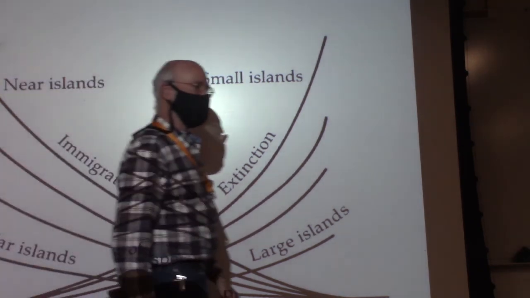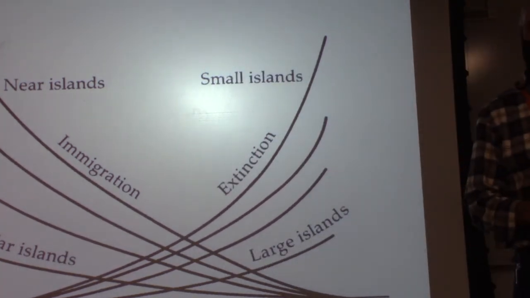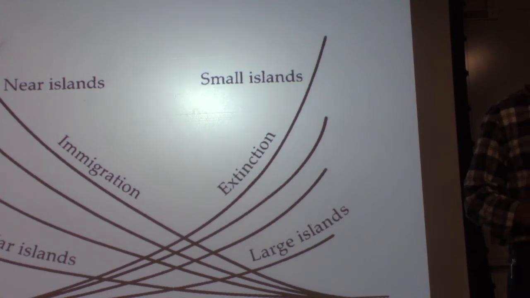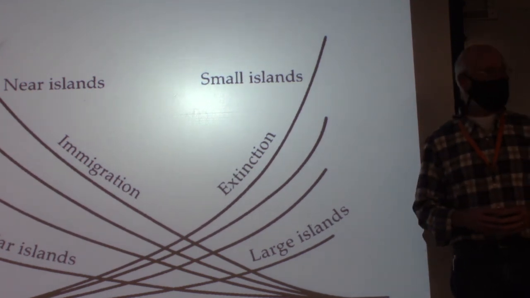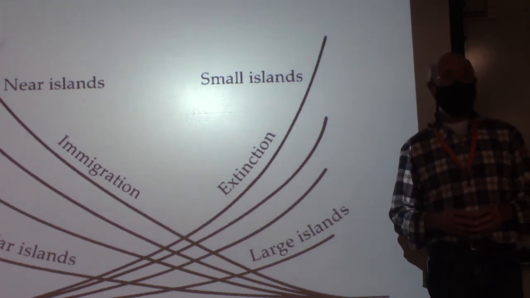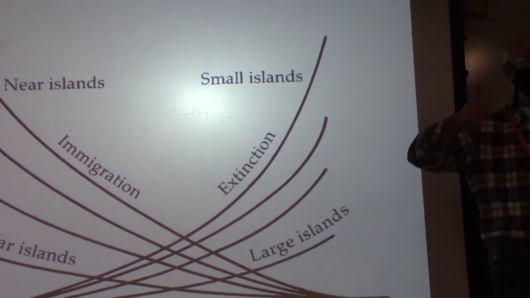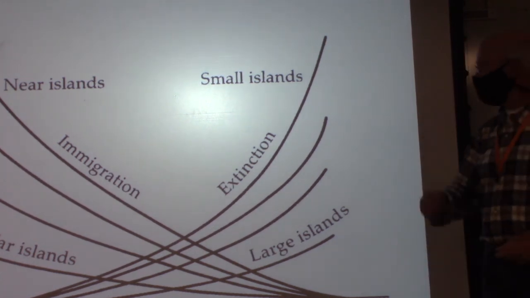Now let's look at the probability of extinction. If the island is really small, you're going to be highly susceptible to crashes in the populations, diseases, temporary loss of food, all those sorts of things. As the island gets smaller and smaller, the probability of extinction goes higher.